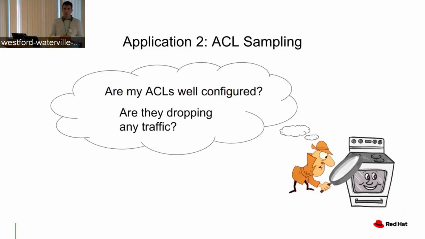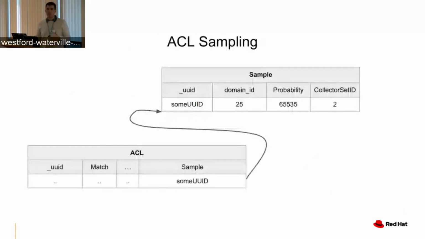So basically the question it tries to answer is, are my ACLs well configured? Are they dropping traffic? And the implementation is basically creating a new sample table and linking each ACL to this sample row.